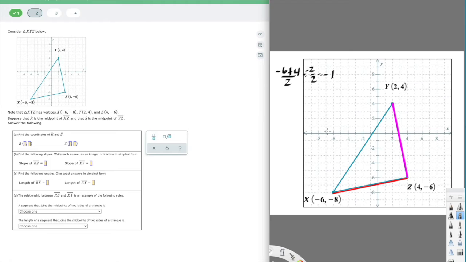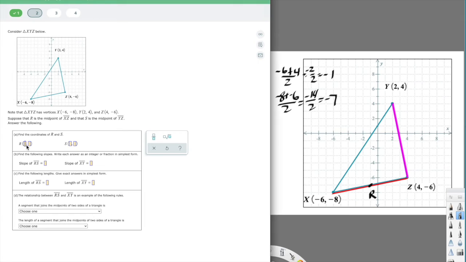So that's my x coordinate for my midpoint here. And then I'm going to go -8 plus -6. So -8 plus -6 over 2, that's going to give me -14 over 2, which is negative 7. So I'm going to go negative 1, negative 7, right there, and this is the point R.